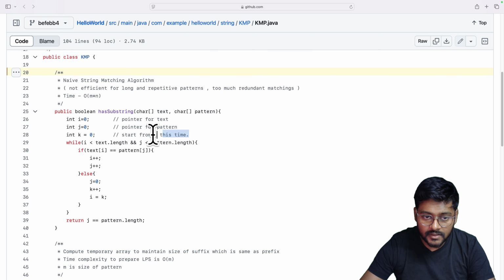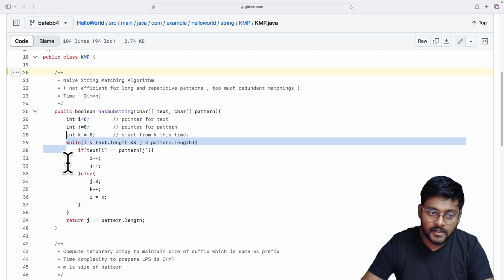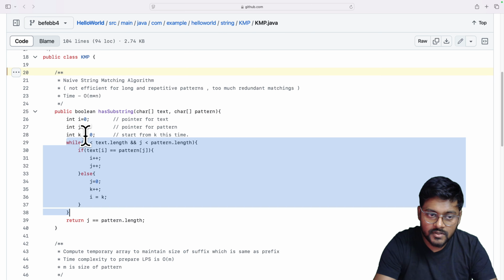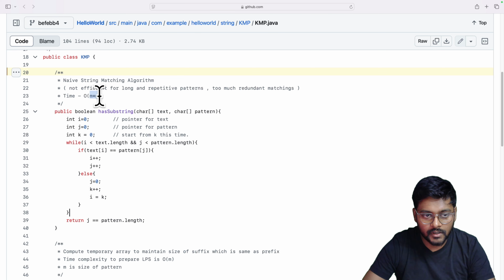We are firstly starting matching from k equal to 0 in the text, and then in the next iteration start from the first character, and then in the next iteration start from the second character. It means we are going to start from every single character in the text for the whole pattern. That's why it goes m into n time.